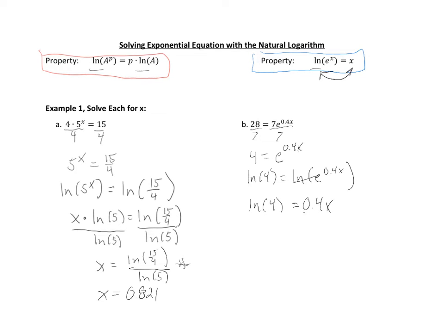And so we solve that by dividing by 0.4. x equals the natural log of 4 divided by 0.4. And here we'd use our calculator, and this number comes out to 3 decimal places to be 3.466.